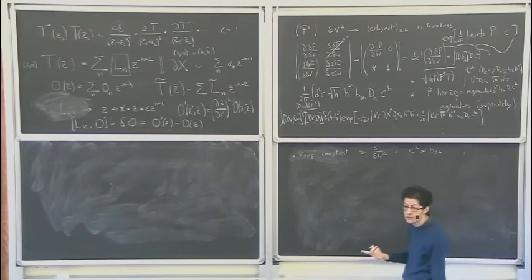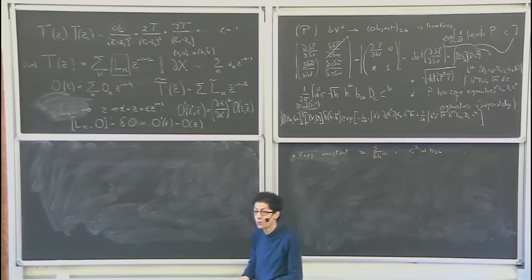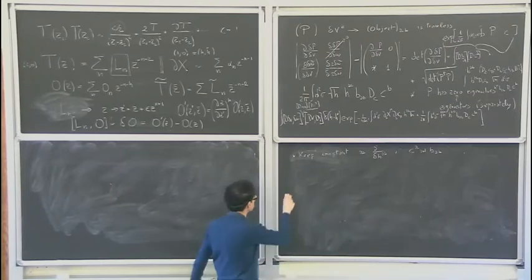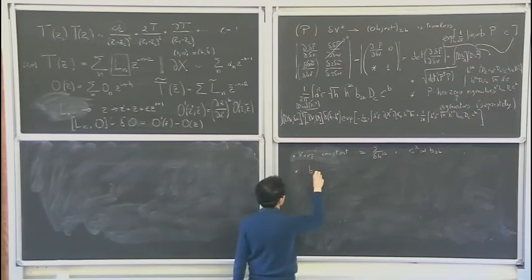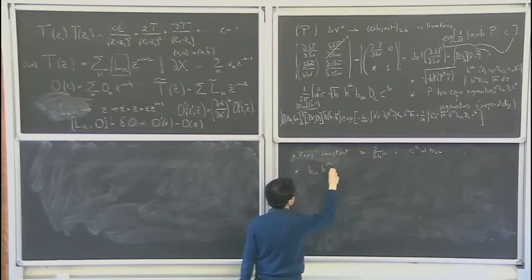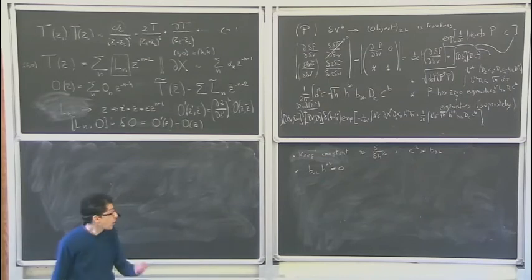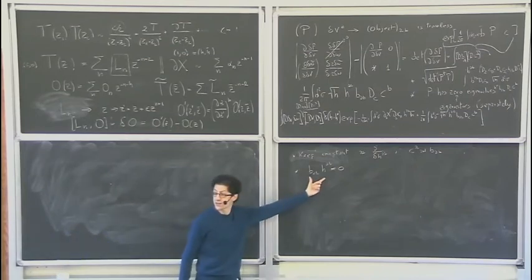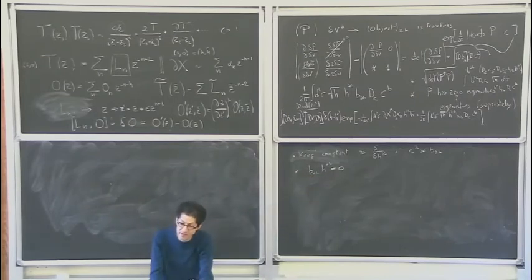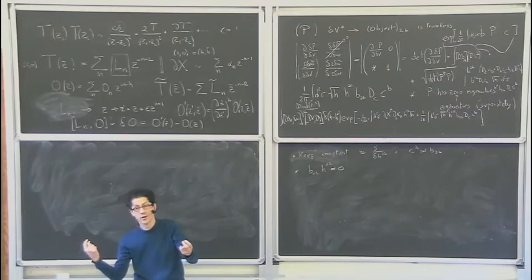But the traceless condition is a condition defined with the metric. Right? The traceless condition is B_AB h^AB equals 0. So when you change h, you are spoiling the traceless condition, right? So you had a B that was traceless with respect to your reference metric.